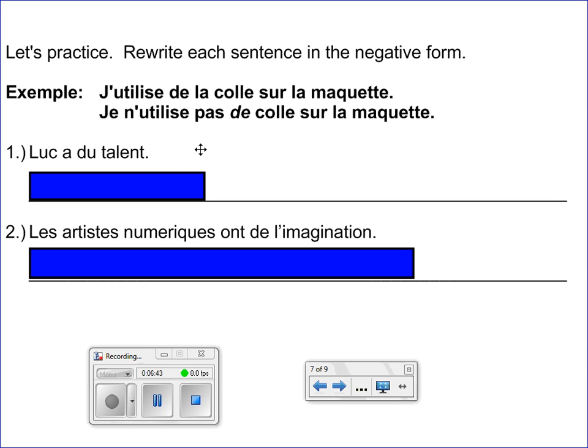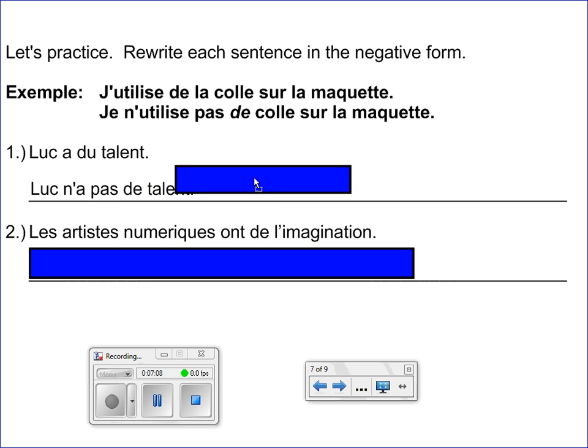Okay, if we want to go with the negative and say Luke does not have talent, you would change du to de, and we would remember to put those handy dandy words ne and pas around the conjugated version of avoir. So putting that all together, we have: Luc n'a pas de talent.